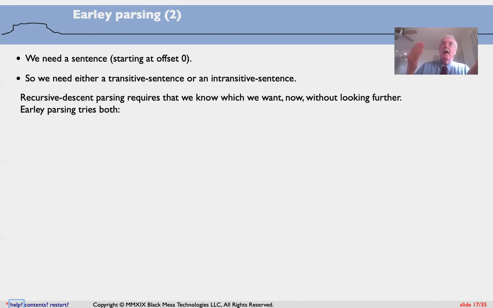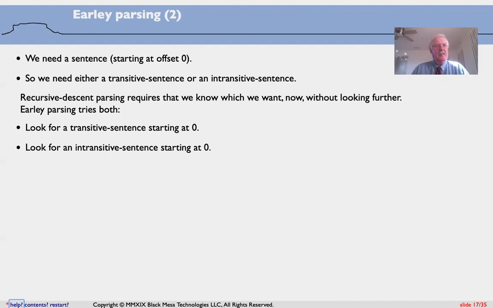Now, a lot of parsing technologies will require that we know which we want, that we be able to tell without looking further in the input whether what we are trying to parse is a transitive sentence or an intransitive sentence. Earley parsing doesn't do that. It tries both. It says, can we find a transitive sentence starting at 0?